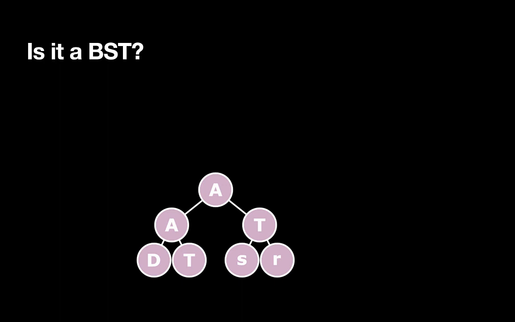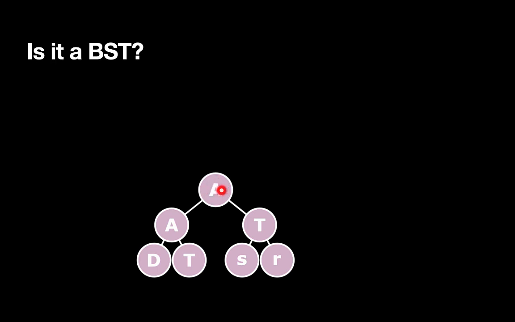Here's our data structures logo. Is this a binary search tree? Here we've got letters for the keys, so we have to think about the ordering of the letters in the alphabet. Let's compare a couple of examples. I'm going to compare the root node A to its left child.